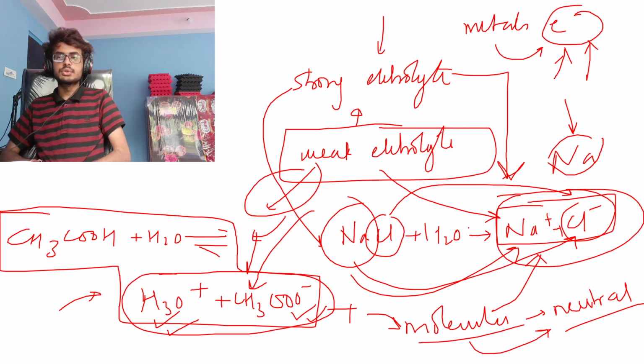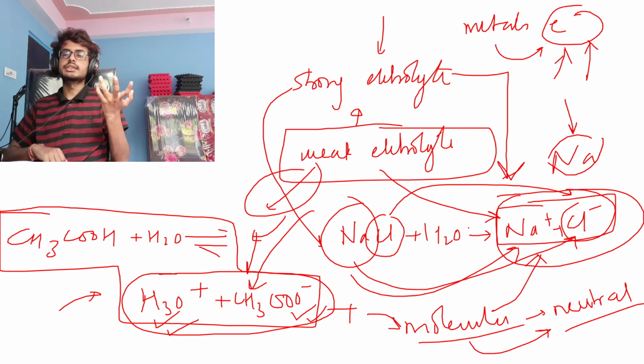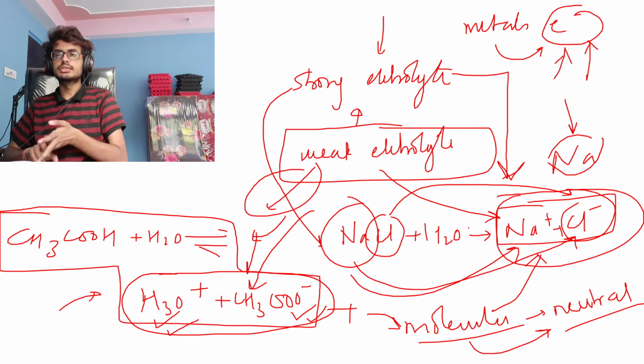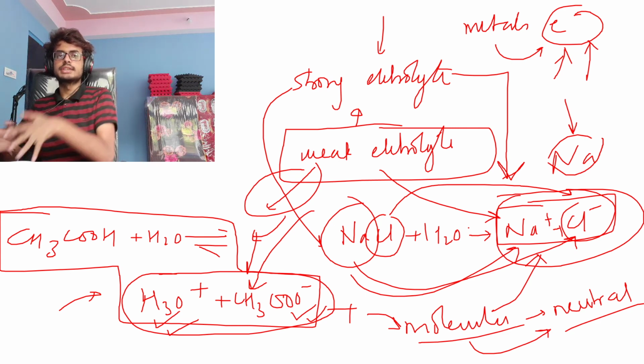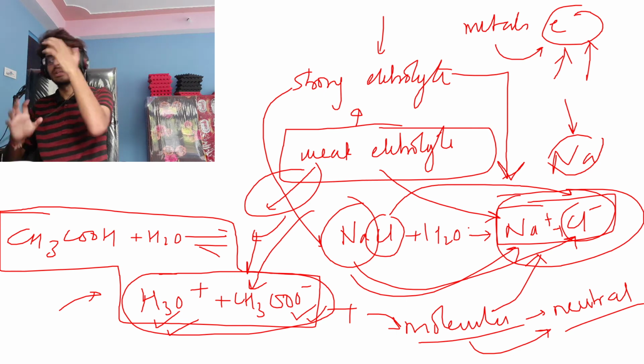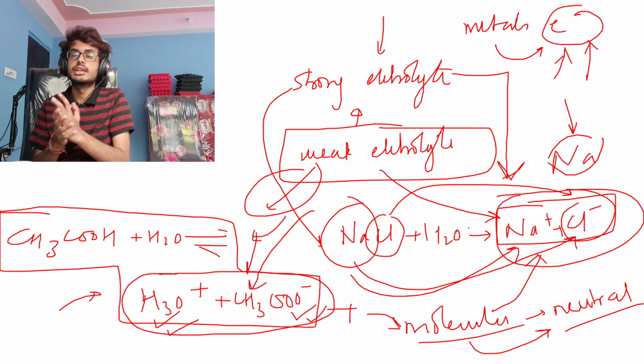There are two types of electrolytes: strong electrolytes and weak electrolytes. Strong electrolytes completely dissociate into ions in their aqueous state, while weak electrolytes partially dissociate into ions and partially into molecules. Because of the presence of molecules, they are very bad at conducting, not as effective as strong electrolytes.